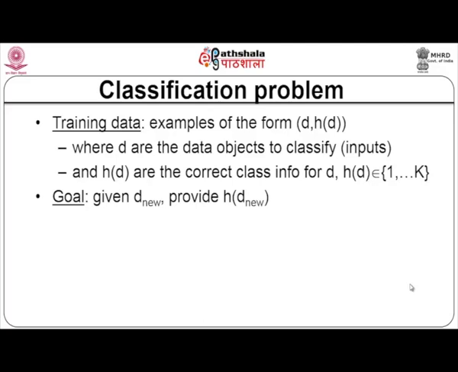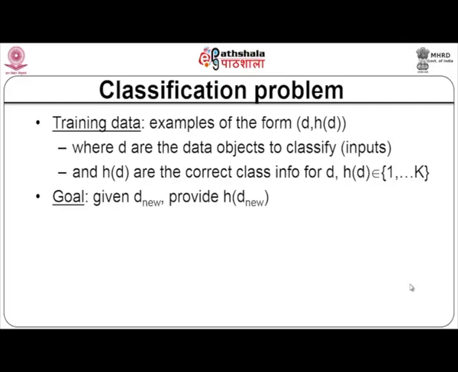In a classification problem, you will have examples of the form. Remember, classification is a supervised learning, so you have tagged examples. You will have D and H of D, the hypothesis about D. If it is classified, it will be a class. D are the data objects to classify, the inputs, and H of D are the correct class information for D. So H of D belongs to 1 to K, where K is the number of classes.